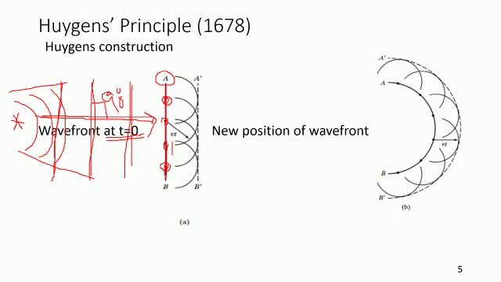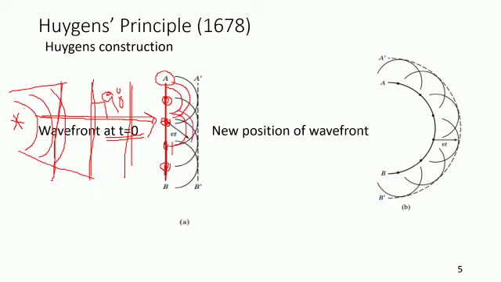So we are just considering a few points over here, and according to Huygens, if I consider a point over here, this point can produce its own spherical or circular waves. Likewise, this point over here is acting like a source of new waves.